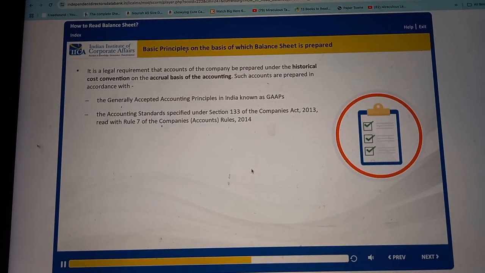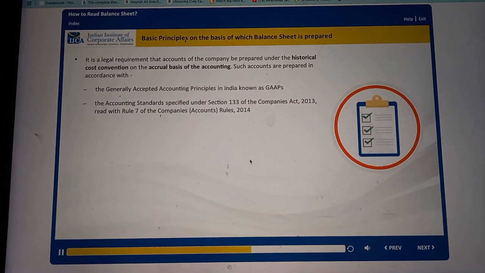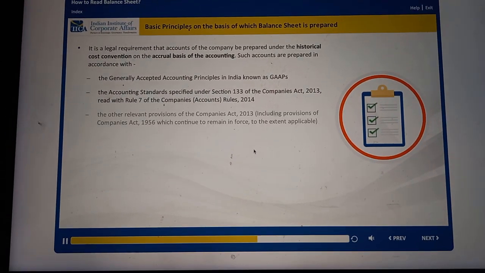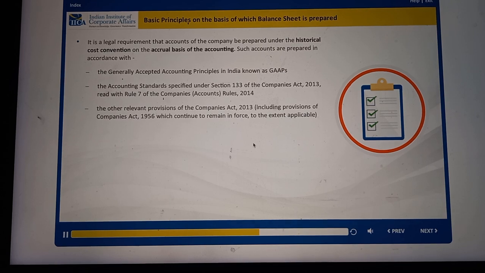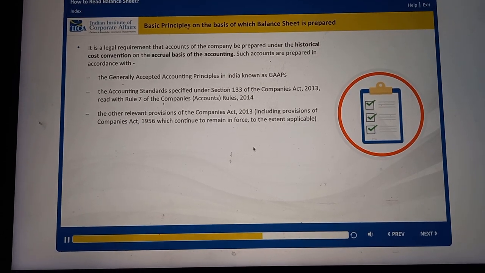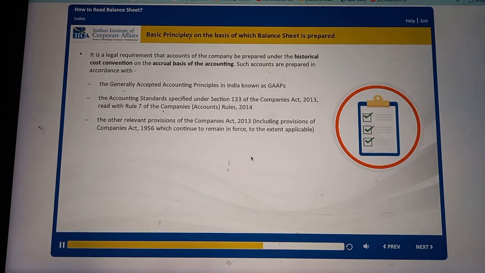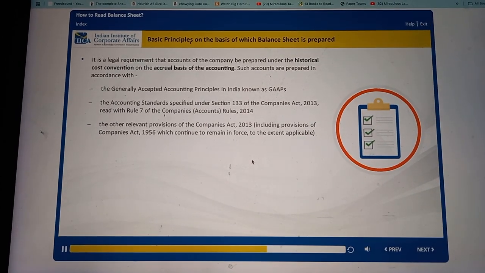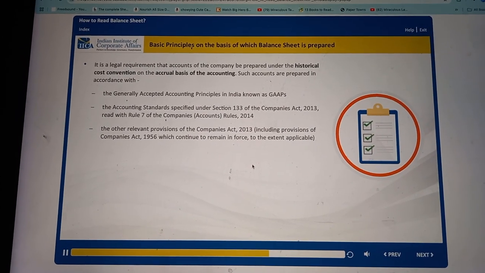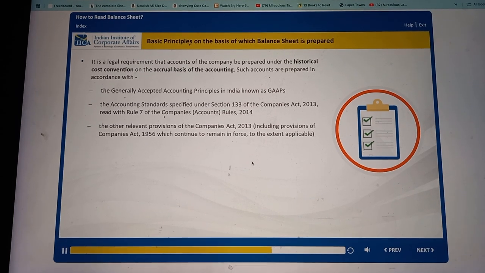Apart from the generally accepted accounting principles and accounting standards, there are certain other provisions of the Companies Act which are also applicable, and all those relevant provisions of the Companies Act are also kept in mind when books of accounts are prepared and the balance sheet is prepared on the basis of such books of accounts.